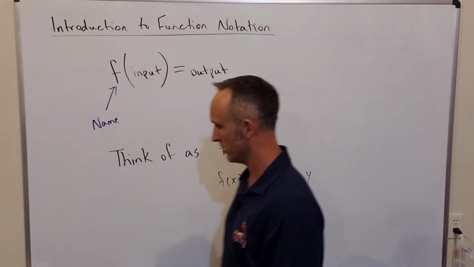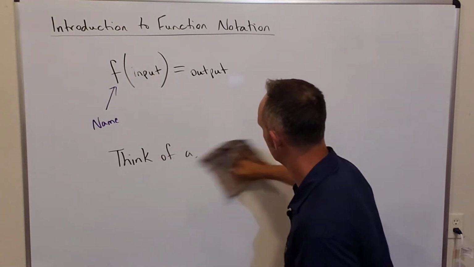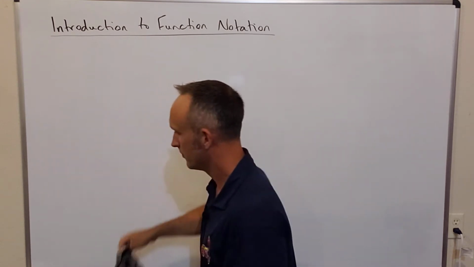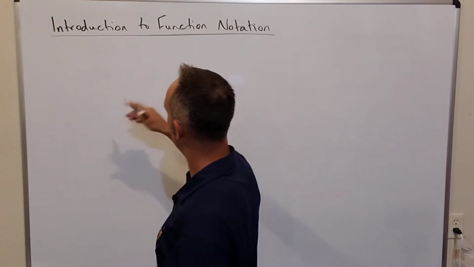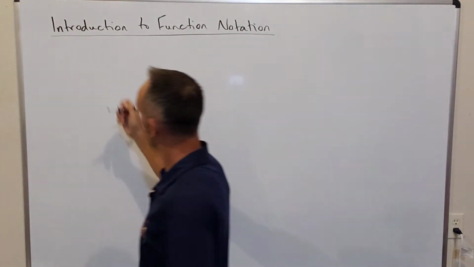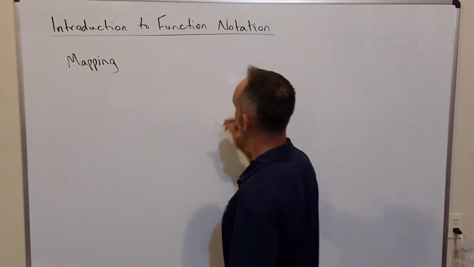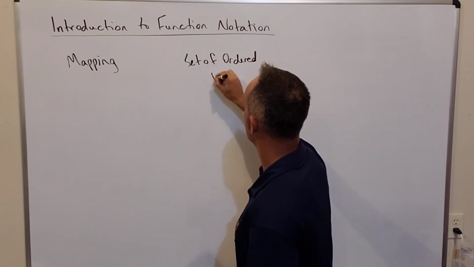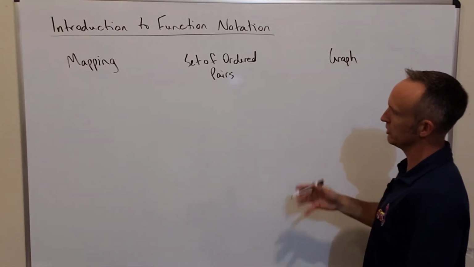So let's practice with this now. All right, so let's consider this mapping. We'll use a mapping, a set of ordered pairs, and a graph to understand this concept, all three of which can be used to represent relations or functions.